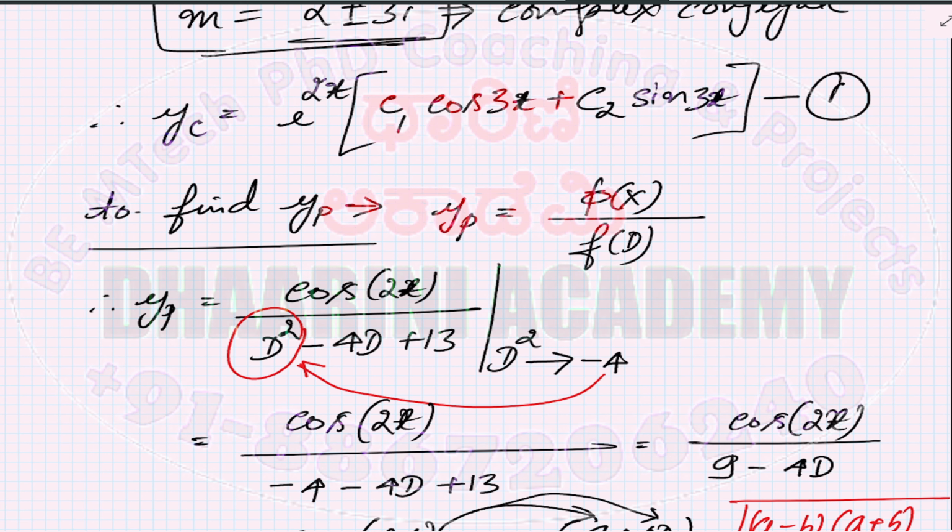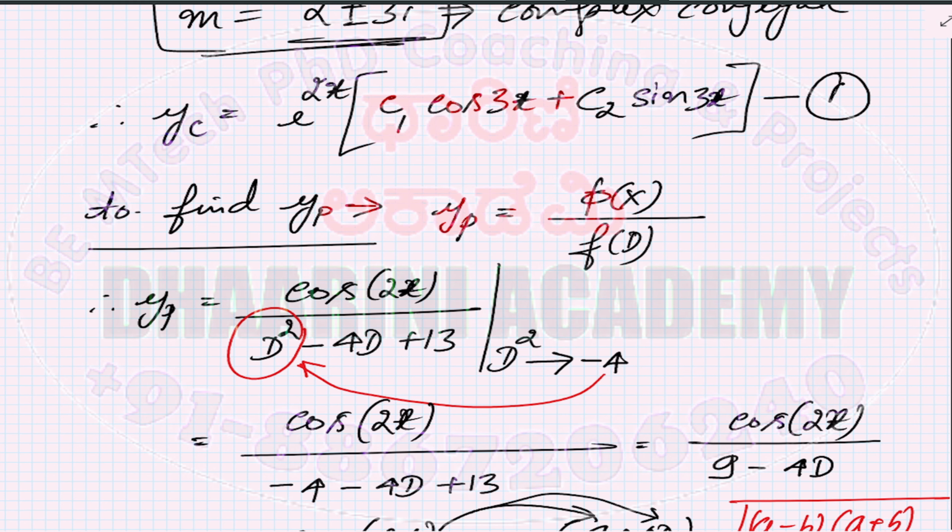As soon as I see cos 2x in the numerator, I should understand that this particular problem is type 2. So I have to make a substitution that D square is equal to minus a square. Here a is the number inside the cos bracket. I should take the square of that, 2 square, 4, so minus 4. So we are going to replace D square with minus 4.